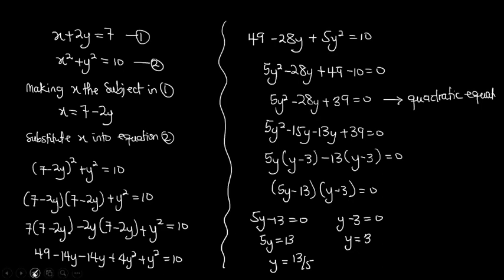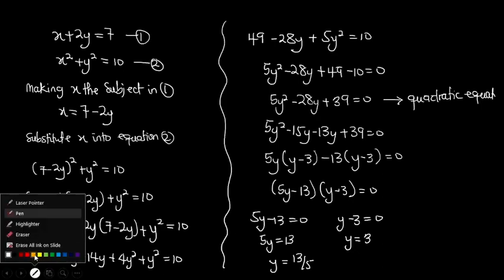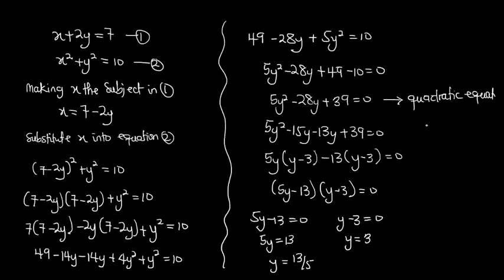So let's do that. Let me use another color. So if y is equal to 13 over 5, then the x value from here is equal to 7 minus 2 into bracket 13 over 5. So x will be equal to, if you compute this on your calculator, 1.8.